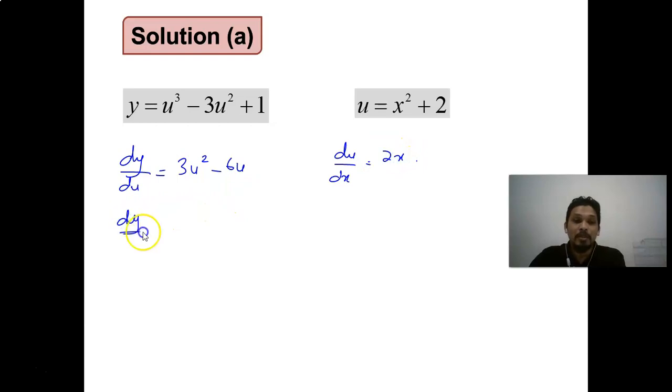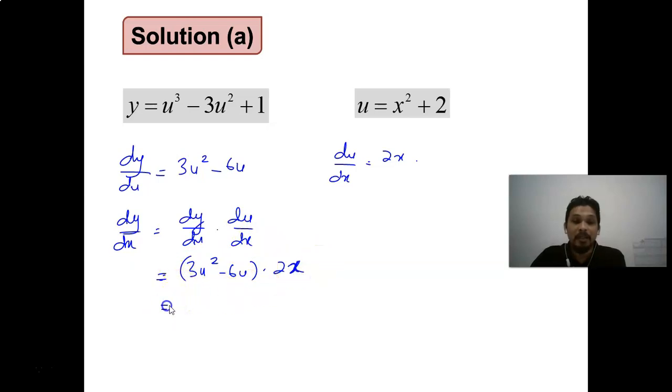So then dy/dx equals dy/du times du/dx. dy/du equals 3u squared minus 6u, and du/dx equals 2x.